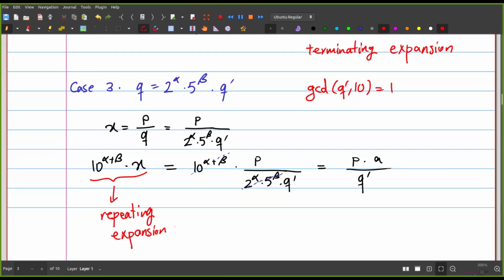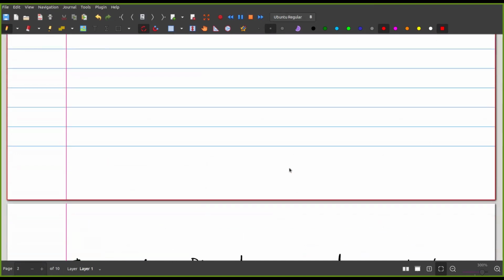So what is the expansion for X? It's just take the expansion for 10 to the power of alpha plus beta times X and shift it by alpha plus beta positions.